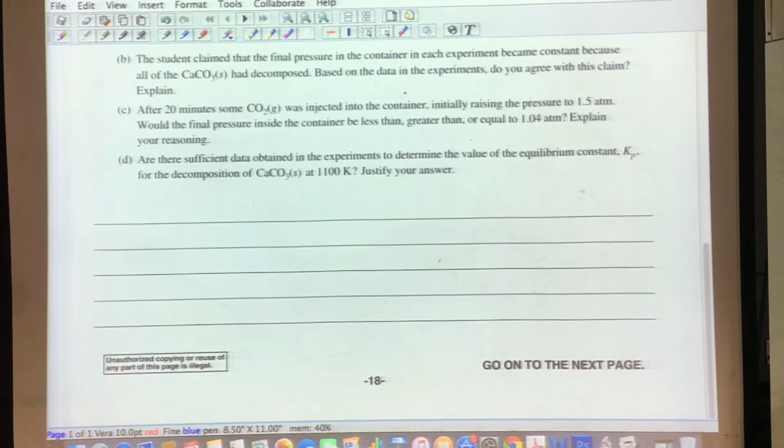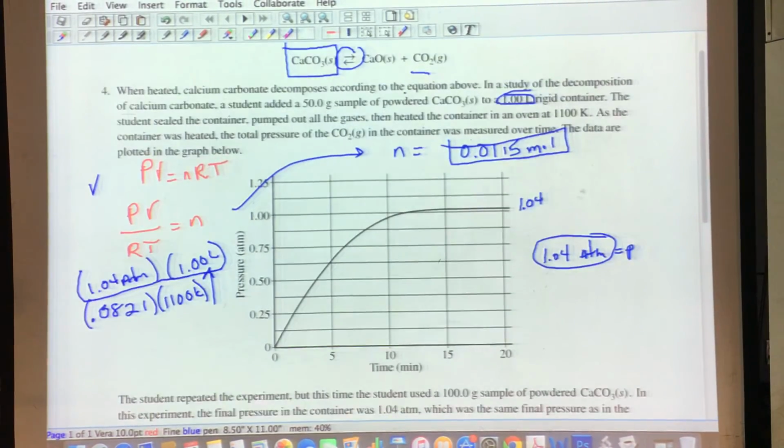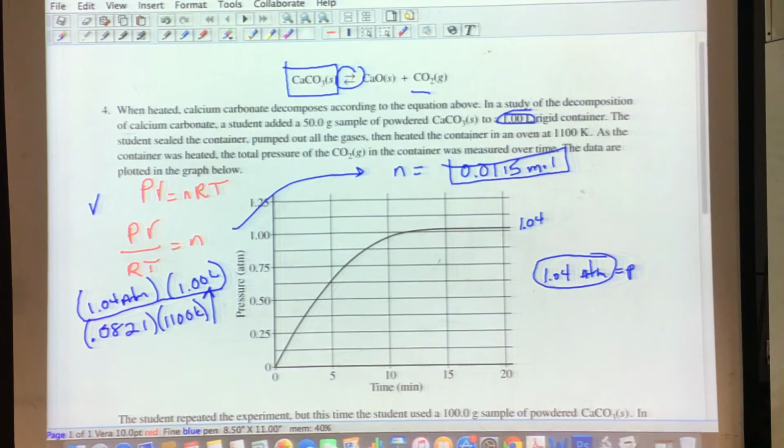Letter C. After 20 minutes, some CO2 was injected into the container, initially raising the pressure to 1.5. Would the final pressure inside the container be less than, greater than, or equal to 1.04? Explain your reasoning. Okay. Now, if we injected more CO2, we know that this has a Kp, some number, who cares what it is.